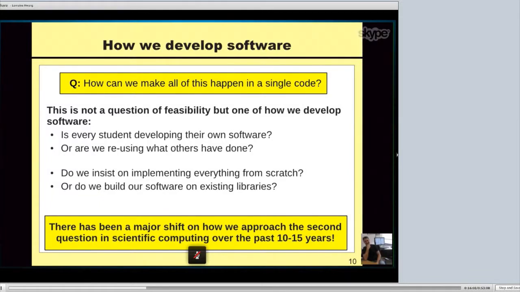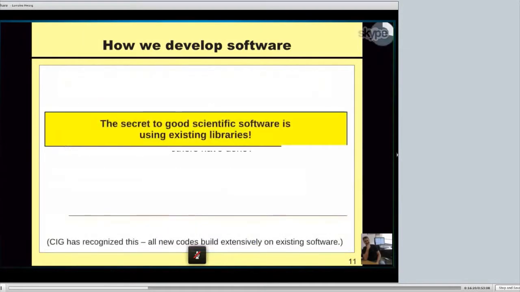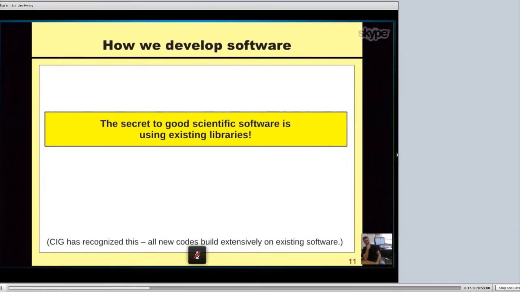So in computational science or scientific computing, I think we've come to a conclusion over the last 10 to 15 years that the goal must be to reuse software. And so I think the summary of my talk now on page 11 is essentially that the secret to good scientific software is to use existing libraries, that it just doesn't work in any other way, that we have to reuse what other people have already done.